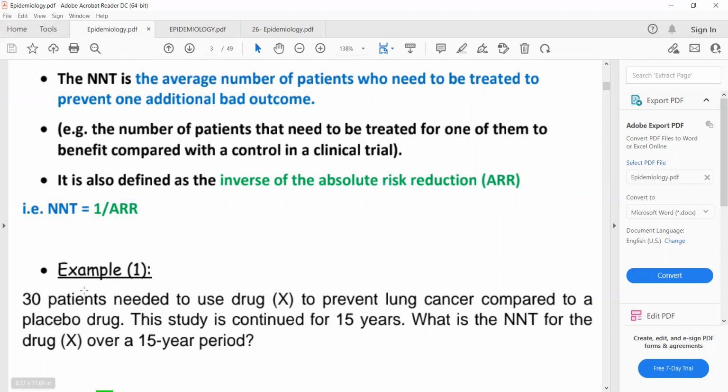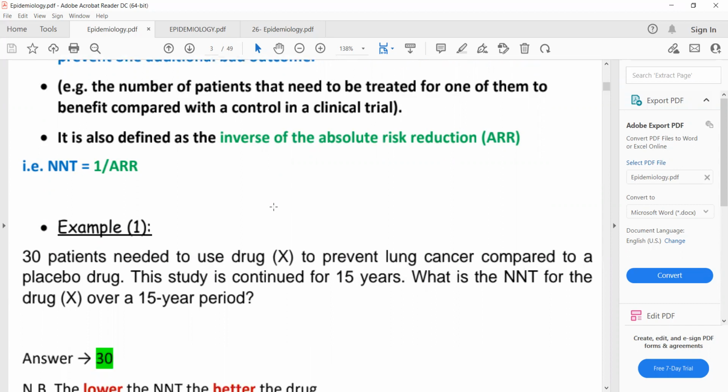One is that a straightforward question will be given to you and you will be asked to calculate NNT. And the second way is that you will be asked to calculate the NNT from absolute risk reduction. That is, NNT is also defined as the inverse of the absolute risk reduction. We will do some examples in the coming slides as well.